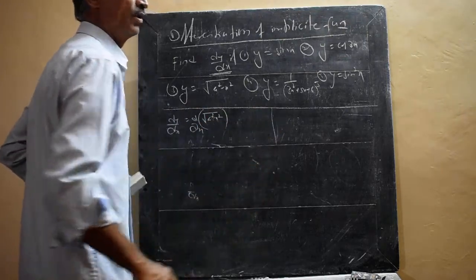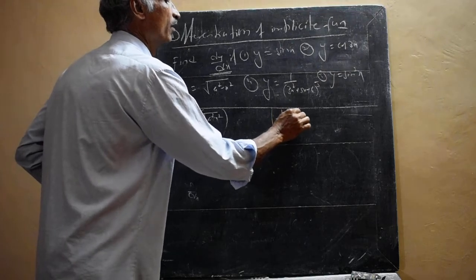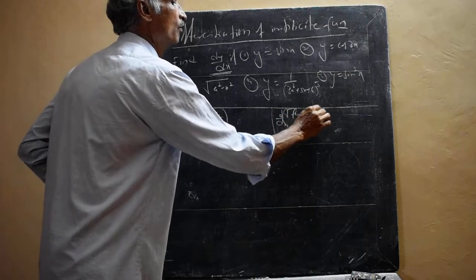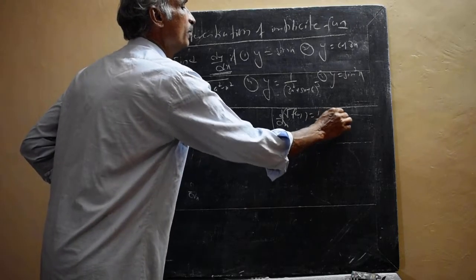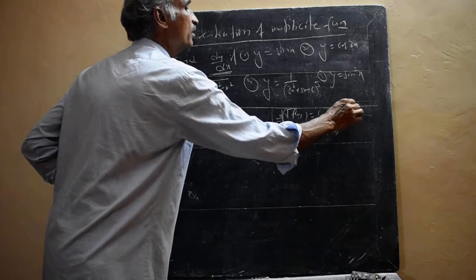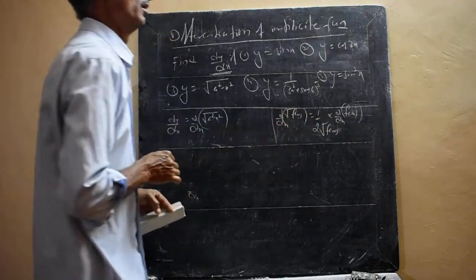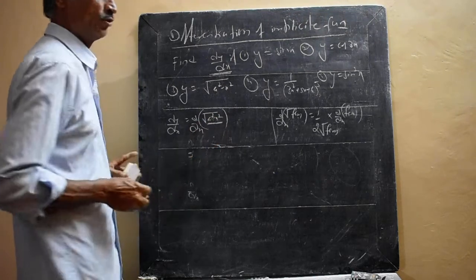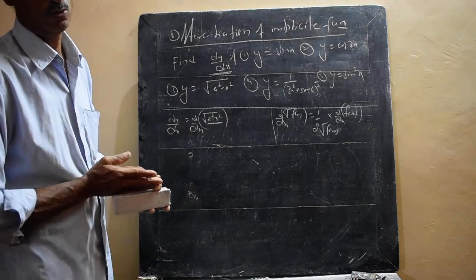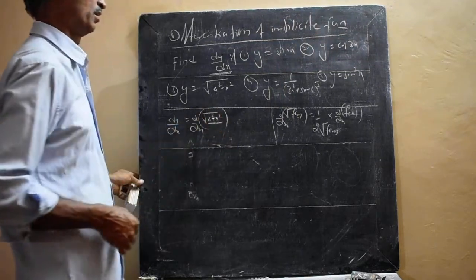I will repeat, the differentiation of root f of x: d by dx of root f of x is equals to 1 upon 2 root f of x into d by dx of f of x. That's it. What is f of x here? Root of a square minus x square. Sorry, a square minus x square is f of x.